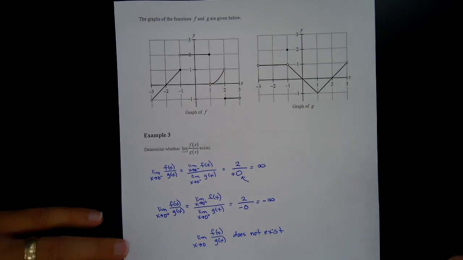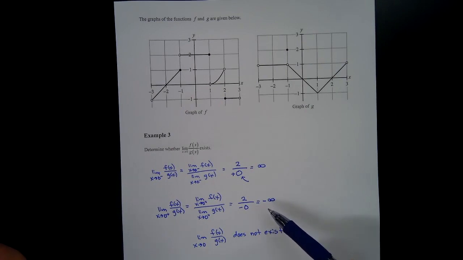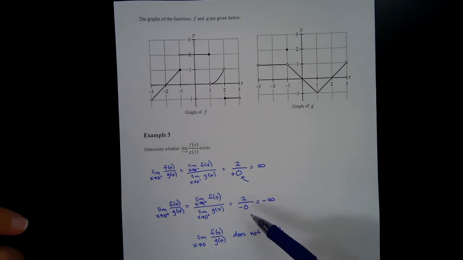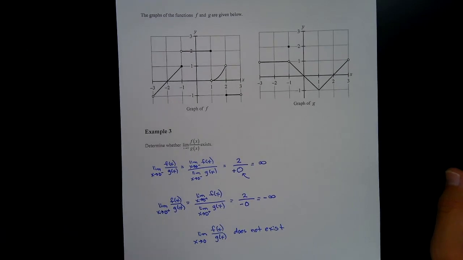Once again, whether it's positive 0 or negative 0 is just to help us determine the sign of infinity. Is this one going to be a positive infinity or a negative infinity? A lot of people have a tough time with that. Hopefully I'm explaining it well enough that you get it. Even calculus teachers at the high school level tend to have a tough time with this, so it's understandable.